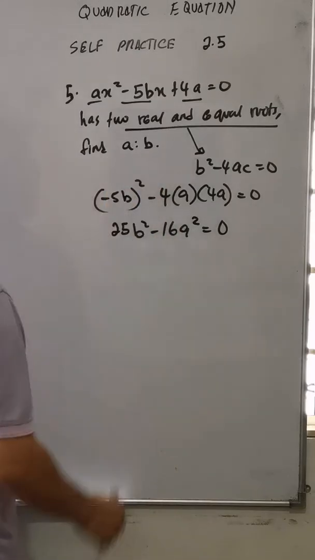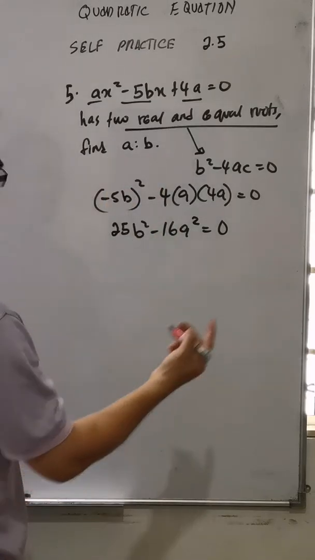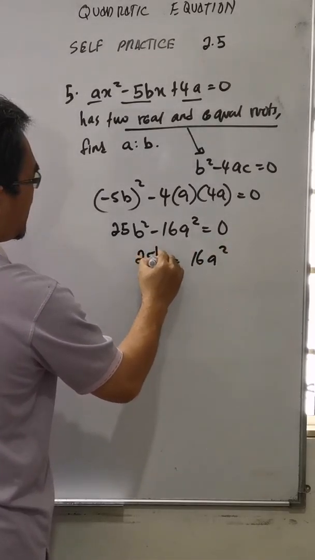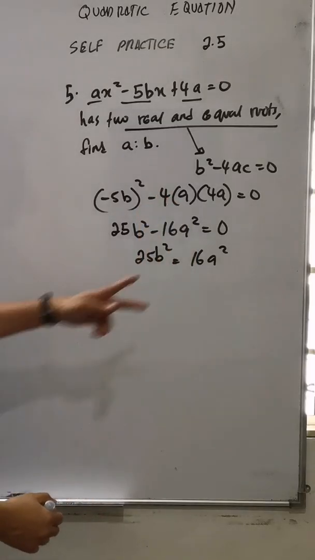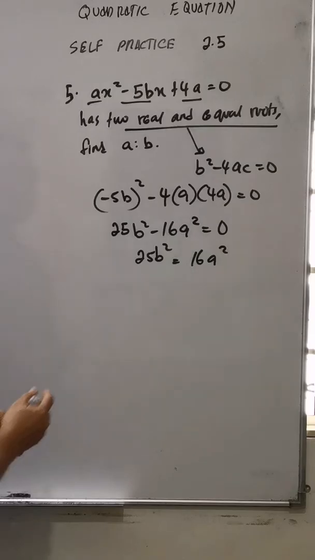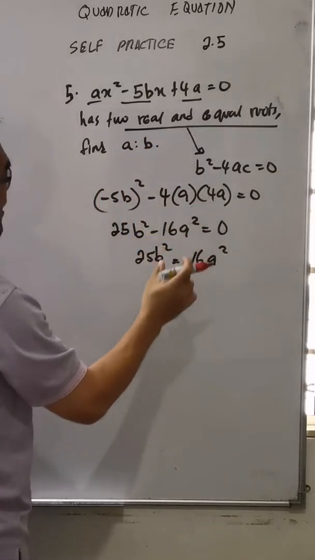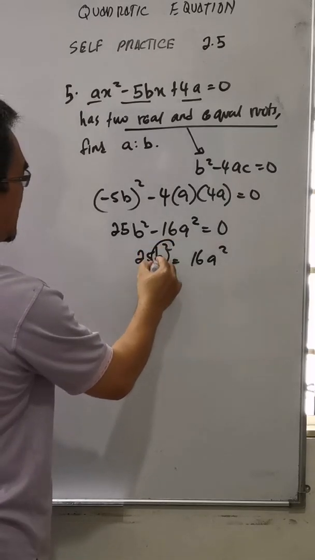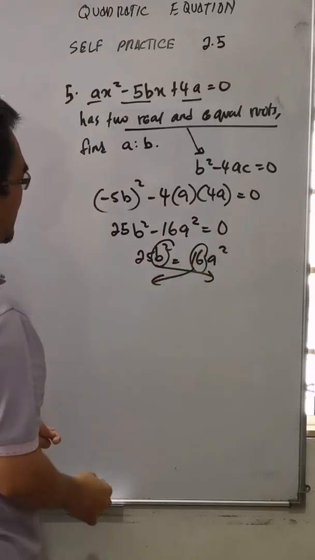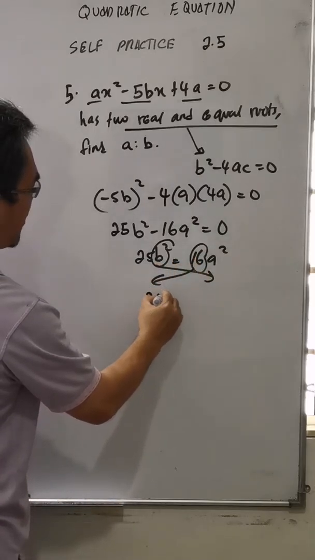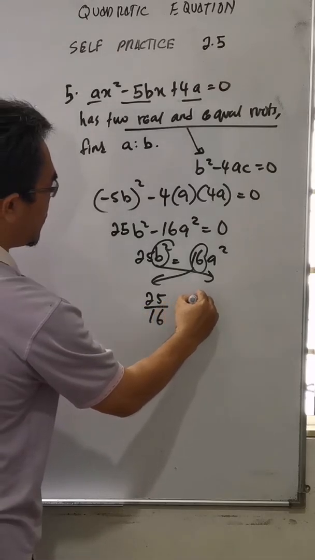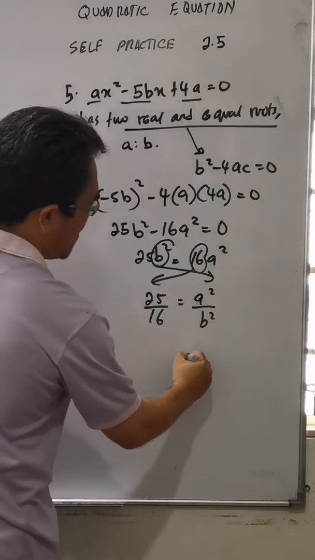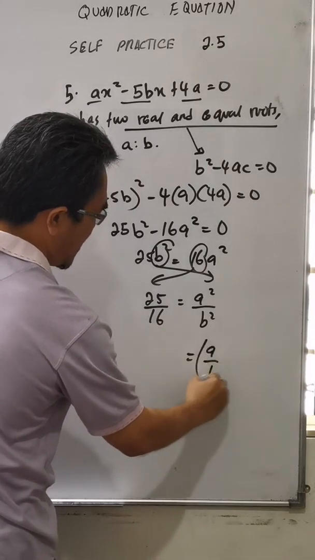We want to find the ratio, so first we make sure the values are situated on the other two sides, a and b, and we want a to b, so make sure a is on top. If I move b here, I'll move 16 to the other side. So it becomes 25 over 16 equals a squared over b squared. a squared over b squared can be written as a over b squared.